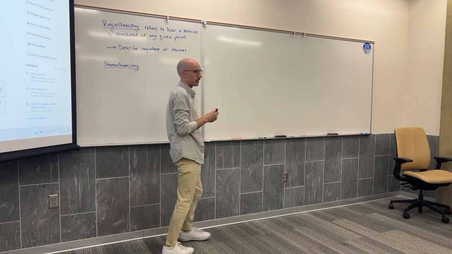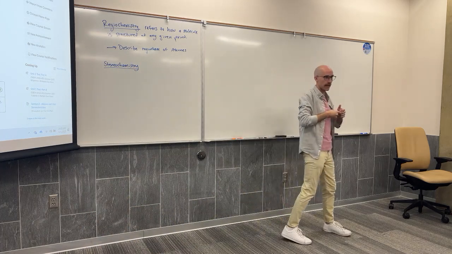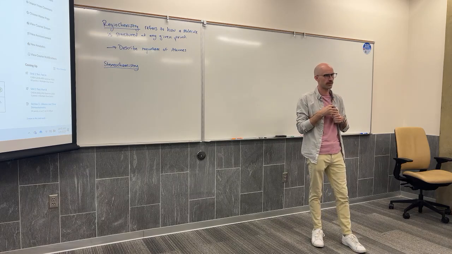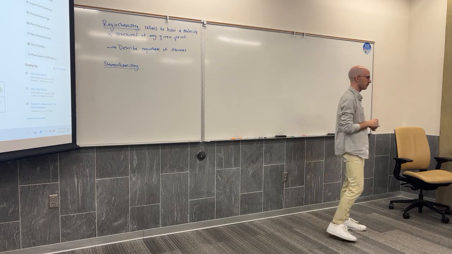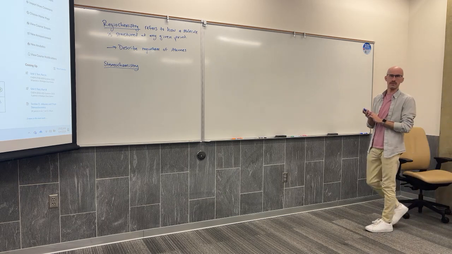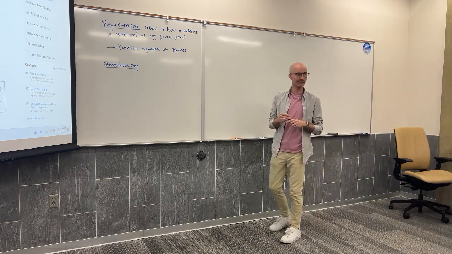The other topic that this unit really dives into is stereochemistry. And I think I talked about stereochemistry yesterday, but I'm curious from your perspective. Do you remember what it means or what we're trying to say with stereochemistry?